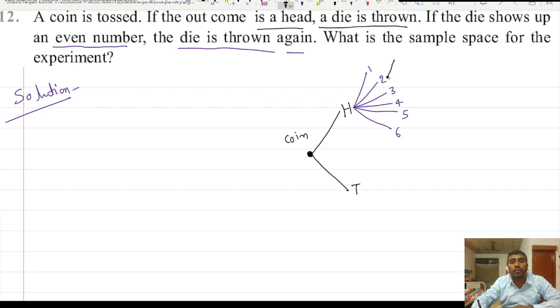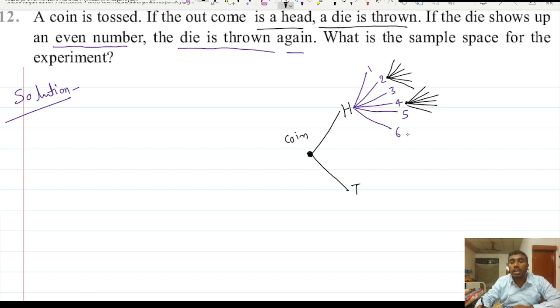That is 1, 2, 3, 4, 5, or 6 may come. This is the case. Or let us suppose you get 4 on the die, then again you have to throw the die: 1, 2, 3, 4, 5, or 6.